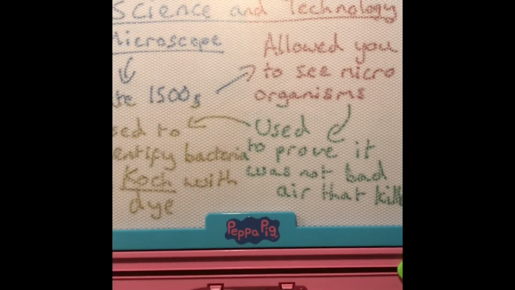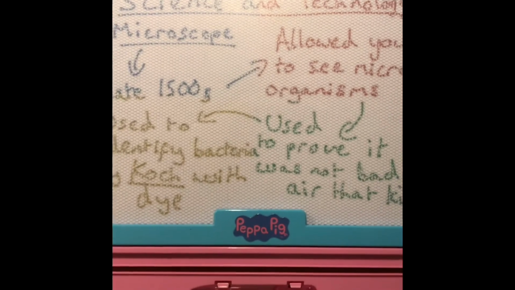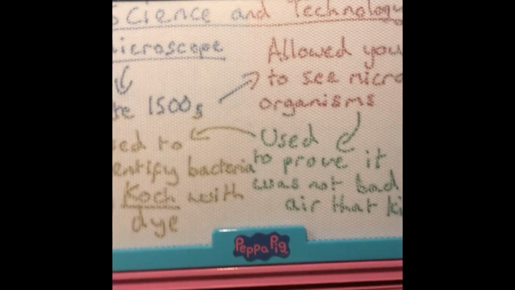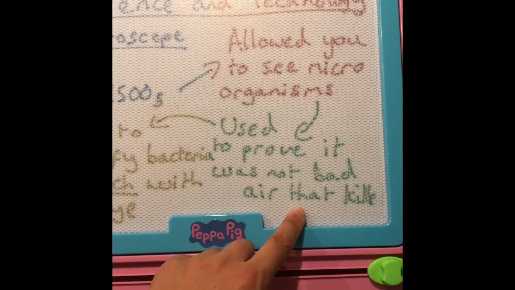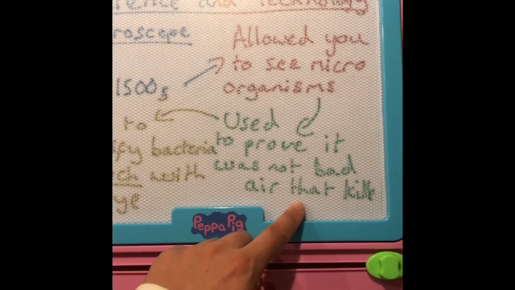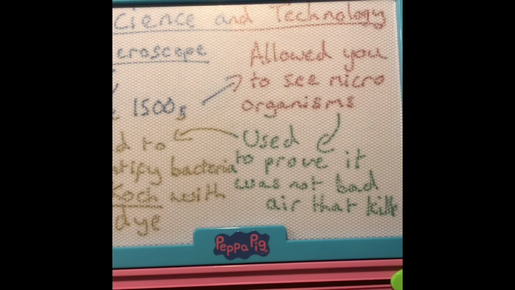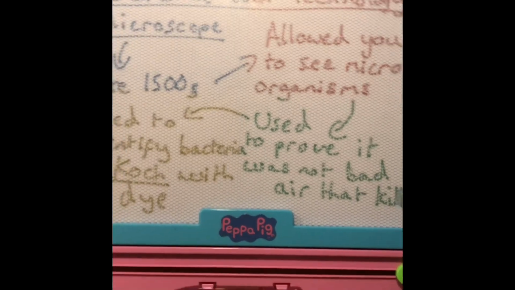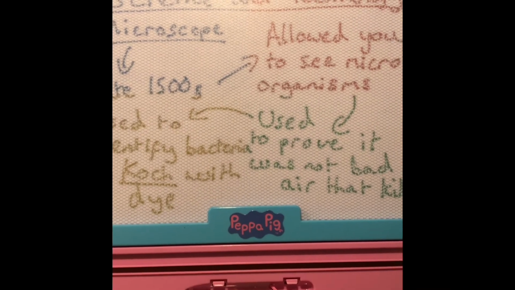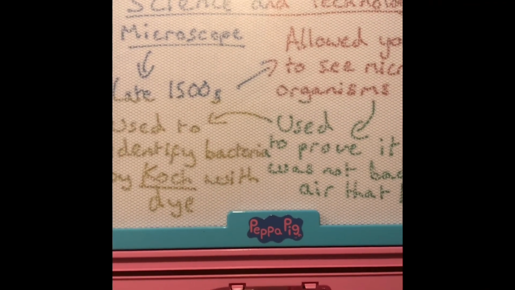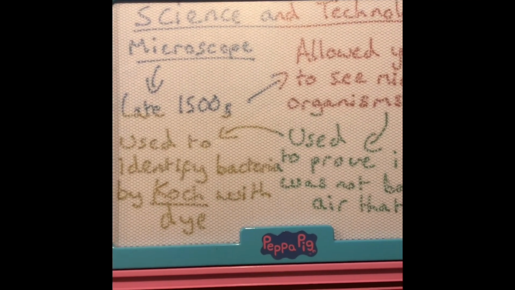Now, the microscope was then used to prove that bad air was not causing illness, okay, and that bad air was not causing decay. Now, once they proved that, because the microscope allowed them to see this, they began to think, hang on a minute, these microorganisms, maybe they're not all the same.